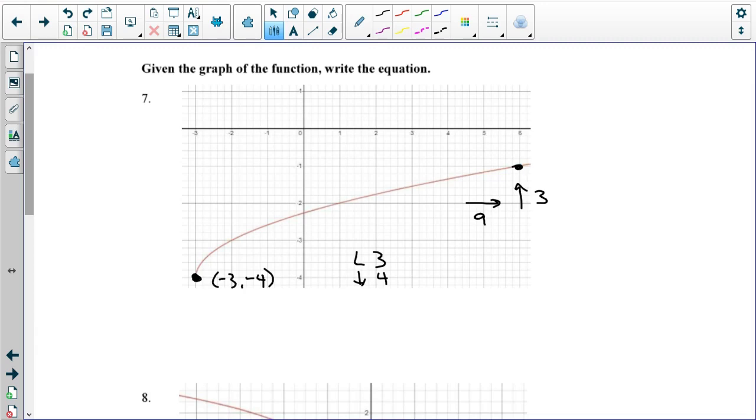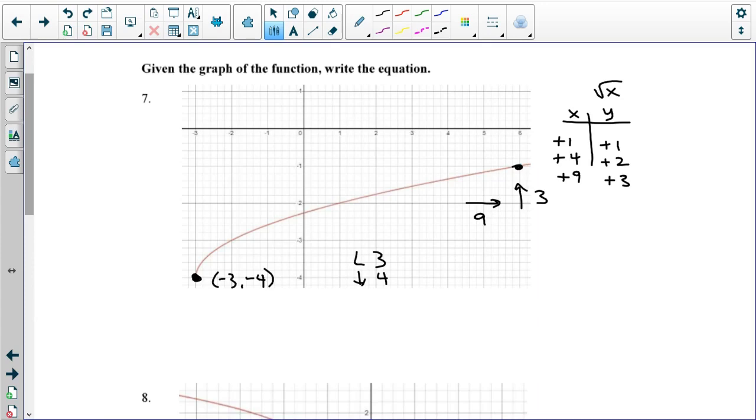So if I go over 9 and up 3, that fits right in with my square root function, because normally in my normal square root function, I go over 1, up 1. If I go to the right 4, I go up 2, and if I go to the right 9, I go up 3, because I'm taking the square root of however much I go over from my initial point.